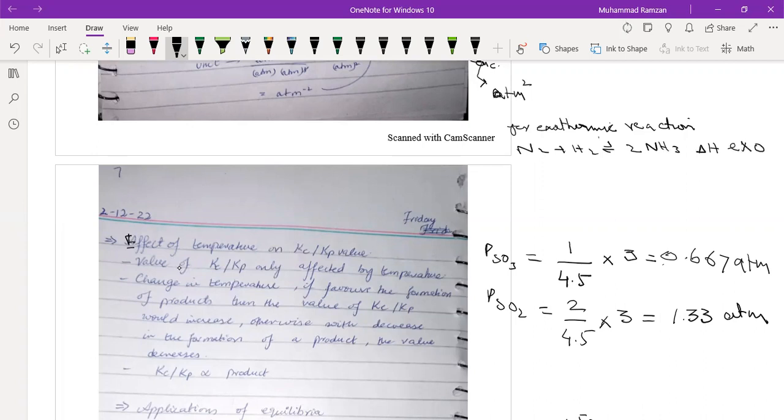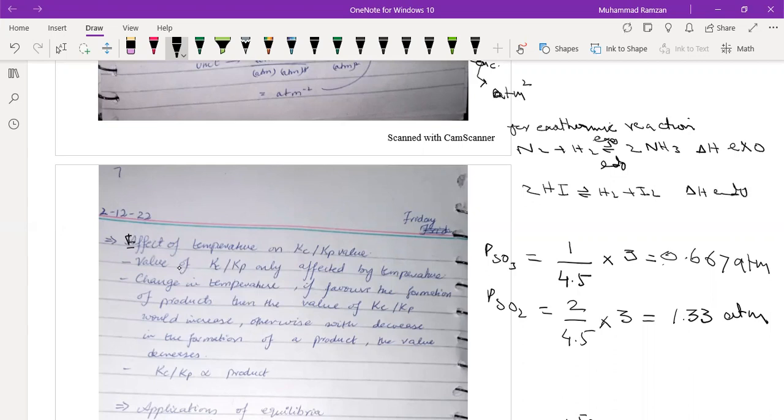It means forward is exothermic, backward is endothermic. And another example, 2HI reversible to H2 plus I2, where delta H is positive.